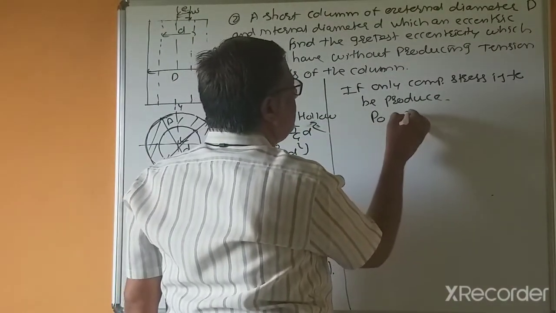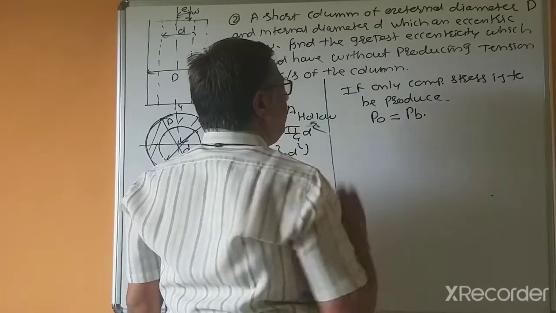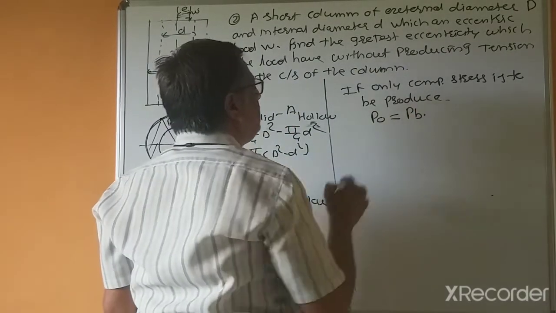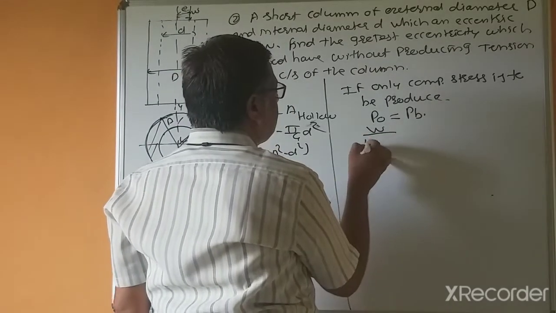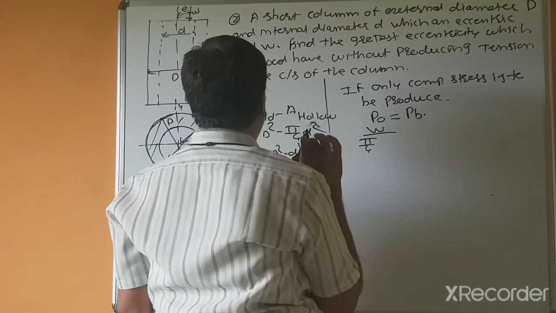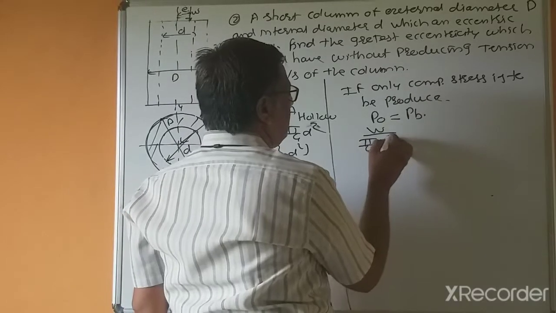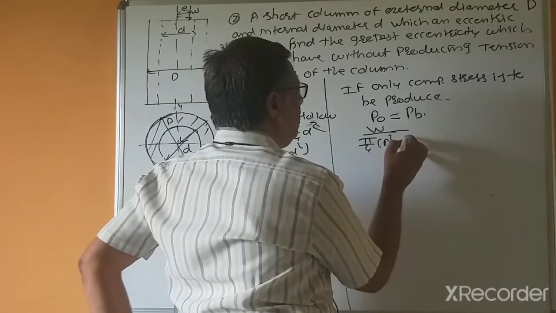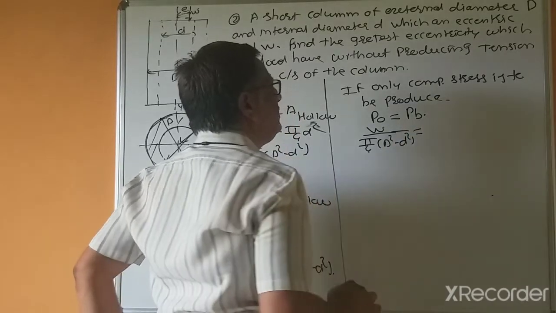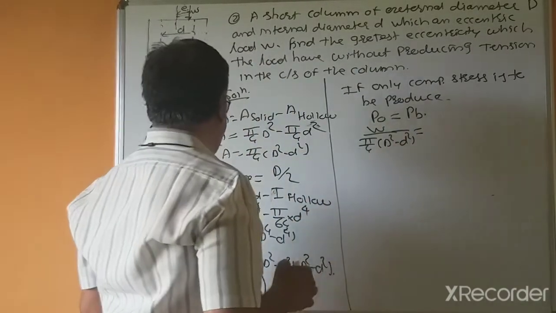Direct stress is equal to PB. Now direct stress equal to, you can write, W divided by pi by 4 times capital D squared minus small d squared, and this is equal to PB.